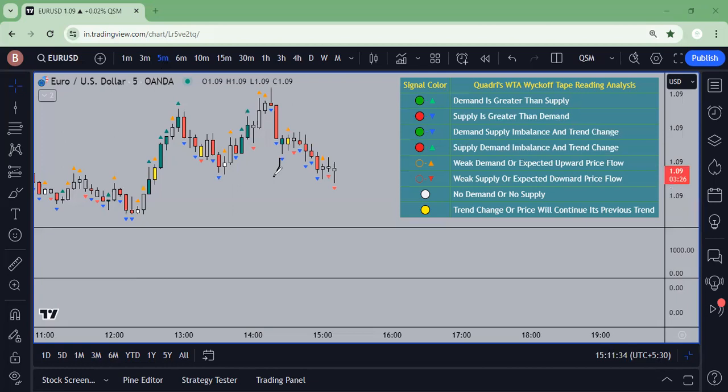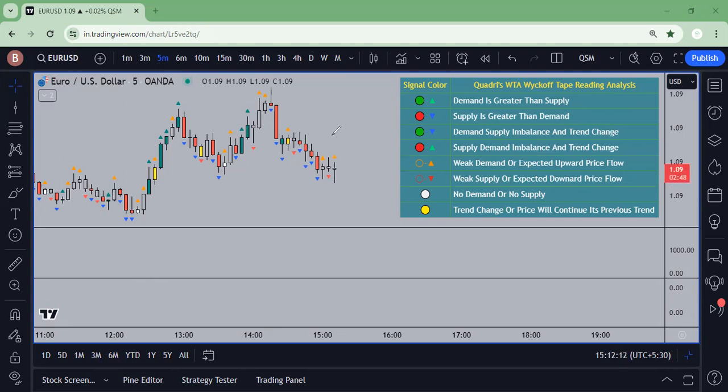So if this is a demand supply imbalance, which is followed by supply and then a trend change or price continuation kind of thing, that suggests in coming sessions, like in this context one session would be 5 minutes, in coming sessions of 5 minutes, price will go down, and it happened.